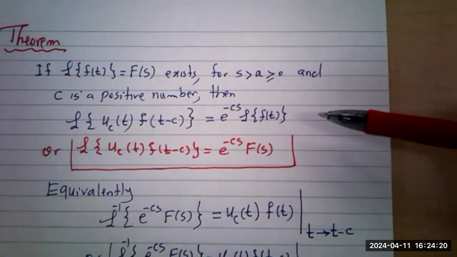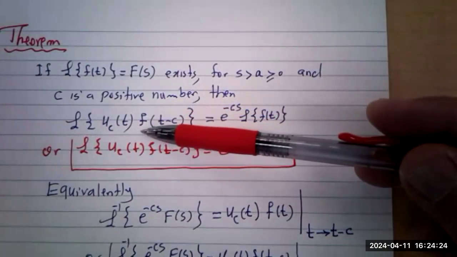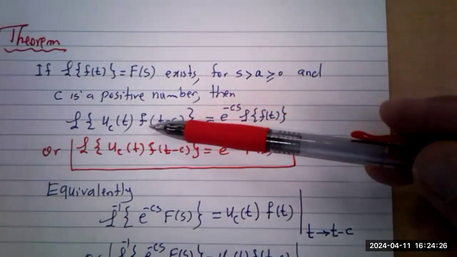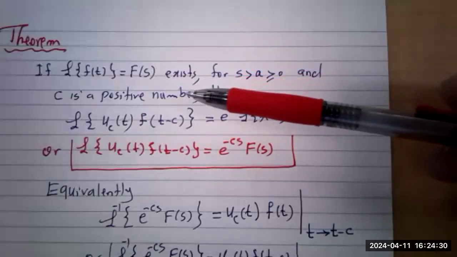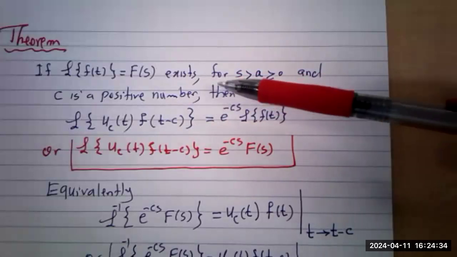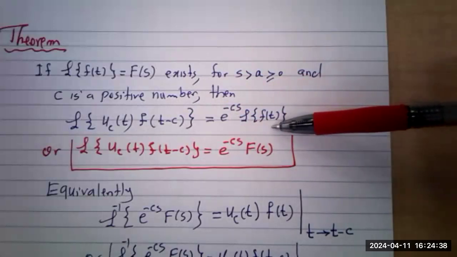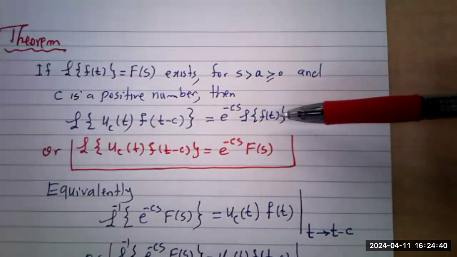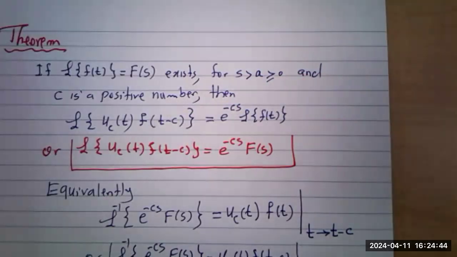So this is the format that we are going to have. You have the u_c(t), which is the unit step function, multiplied by f, but we consider f of t minus c. You shift it to the right, if you like, c units, t minus c. If you want to find the Laplace transform of this function, this is going to be your result: e to the negative cs times F(s). But it is the inverse form that we're going to use.